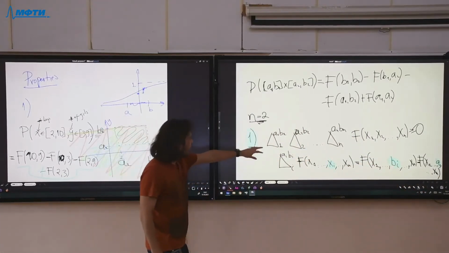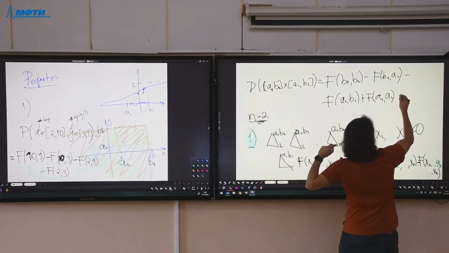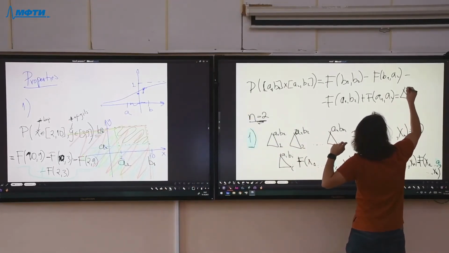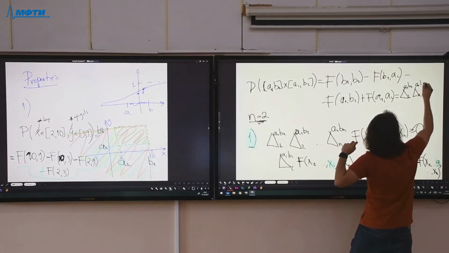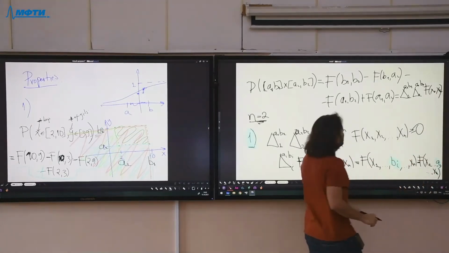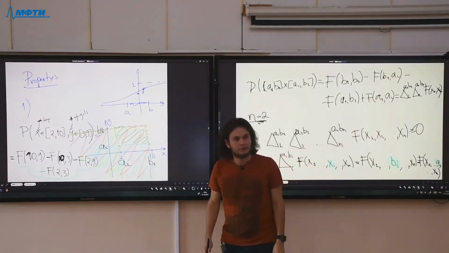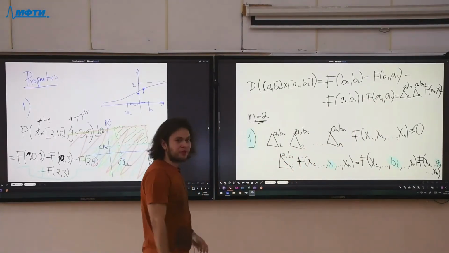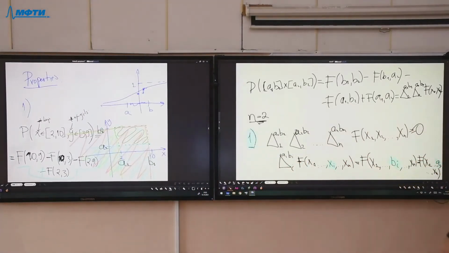And this is equal to the following: delta 1 a1 b1, delta 2 a2 b2, f of x1 and x2. You can do it for this and you will get this. And this is the first property of the CDF. We'll see the others next lecture.